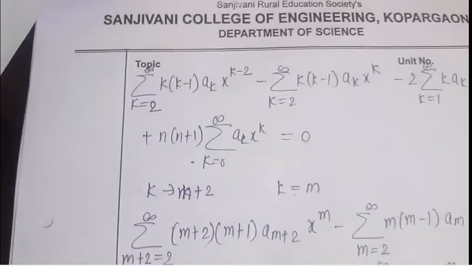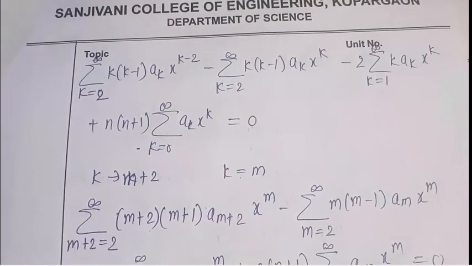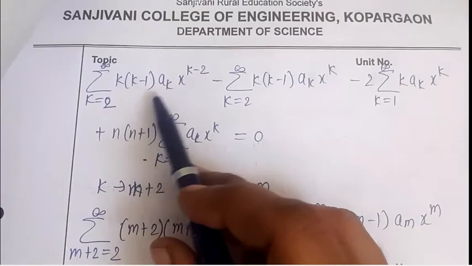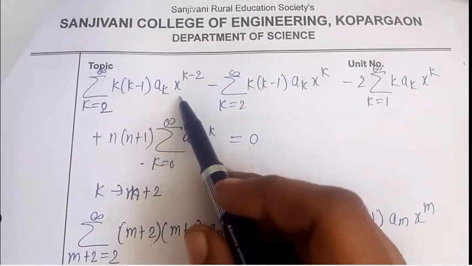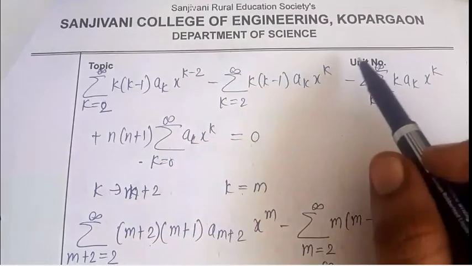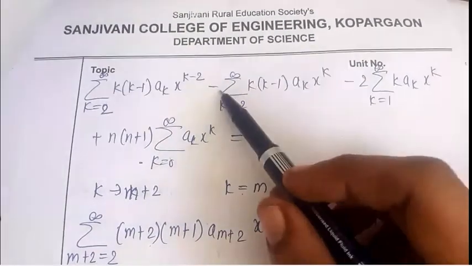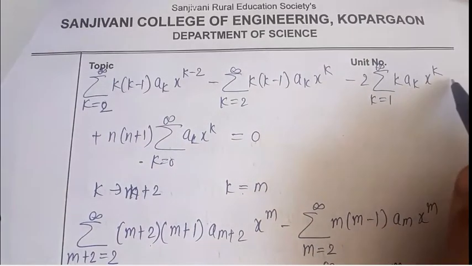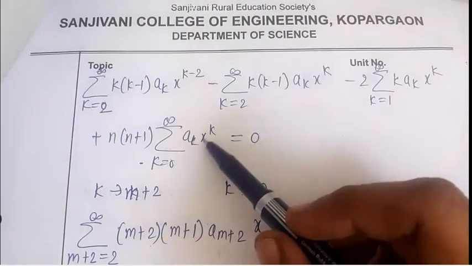So k multiplied by k minus 1, it starts from summation k is equal to 2 to infinity k into k minus 1 ak x to the power k minus 2, minus summation k is equal to 1 to infinity; x to the power k minus 1 multiplied by x becomes x to the power k, times k ak x to the power k, plus n into n plus 1 ak x to the power k.